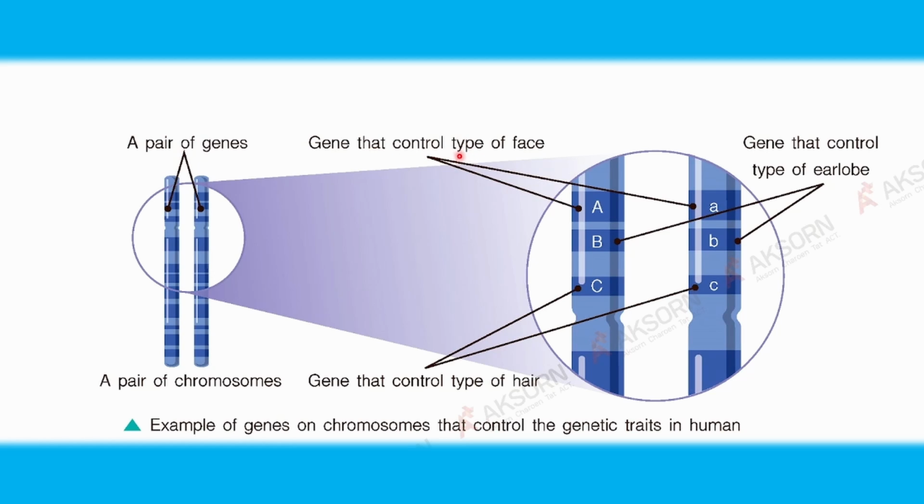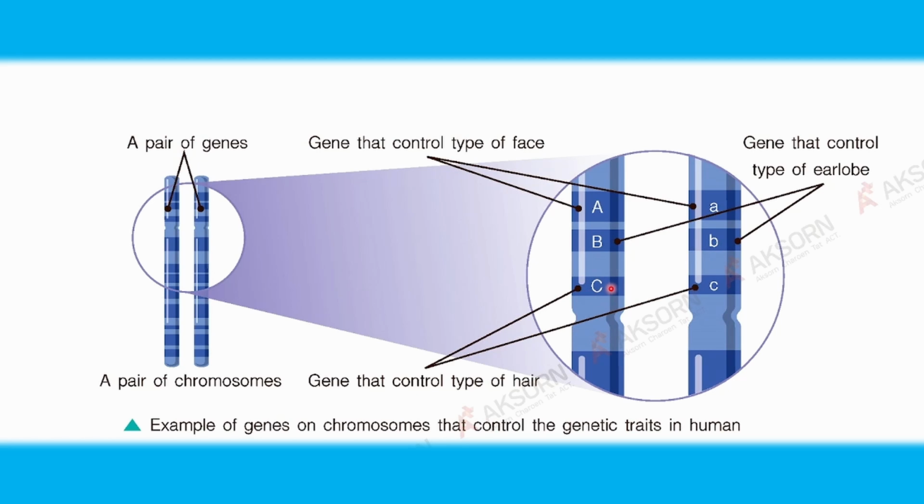Gene that controls type of face. So here we have an A, but a capital A, and another A, but it's a lowercase a. Gene that controls type of earlobe. So again we have a B and a B, but one is uppercase or capital, the other is a lowercase.